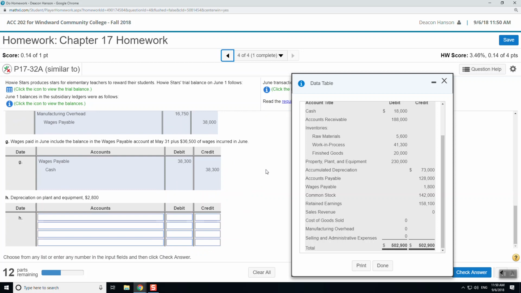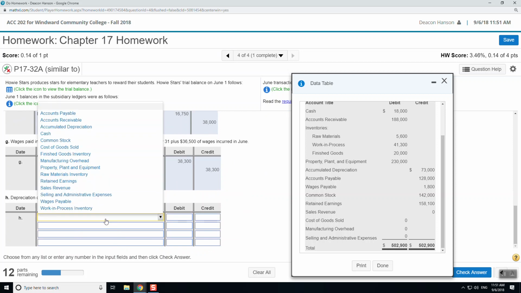But reasonably, depreciation is on that plant where we're making the stars, but we might not be using that plant just for stars. It could be used for all kinds of other things. So we don't really have a direct tie to each end product, which in this case is stars. So I'm going to stick that into overhead.